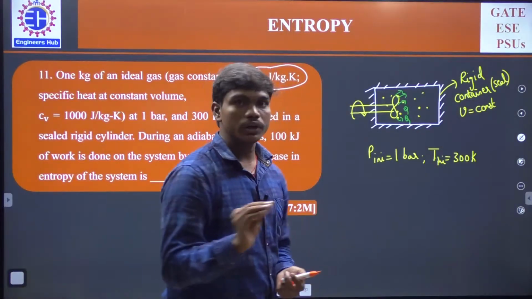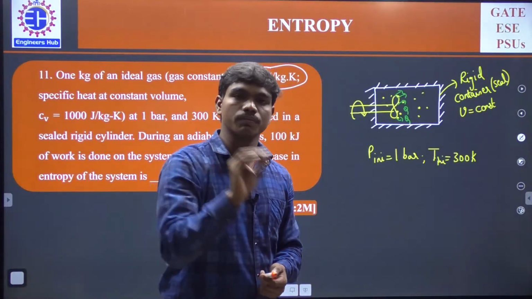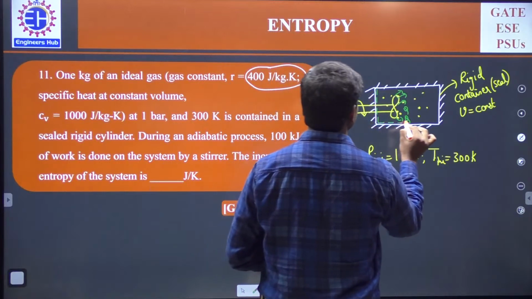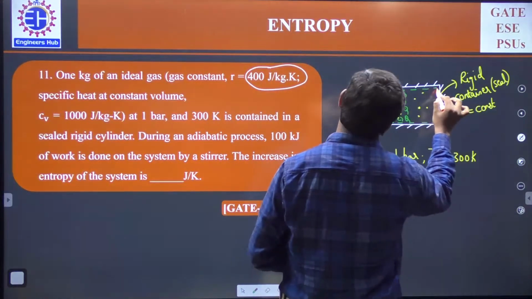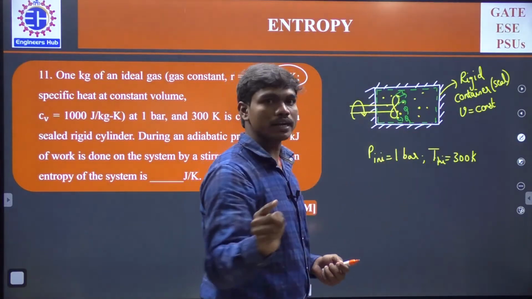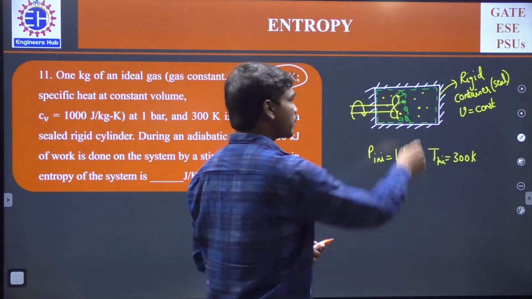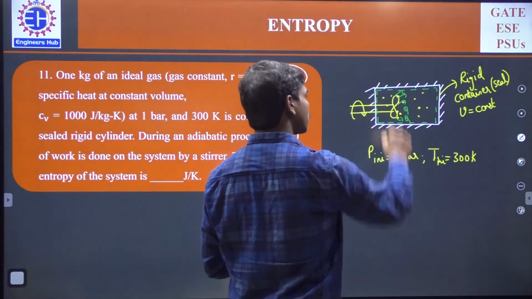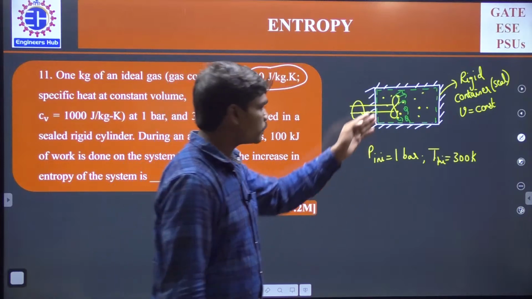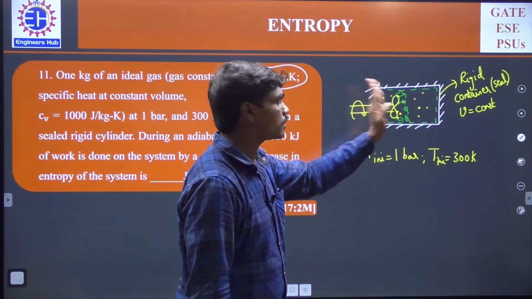I told you entropy doesn't get transferred through work. If you see the system boundary here, entropy doesn't get transferred, but entropy can be generated. Understood? Because of the interaction between the physical things present, entropy can get generated when you transfer work, but entropy outside the system can't be transferred inside.